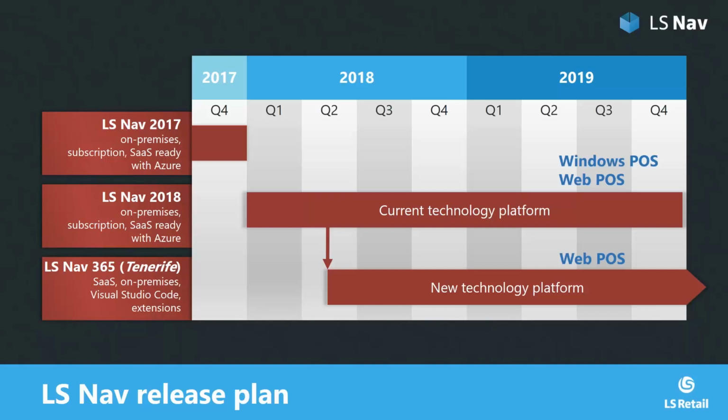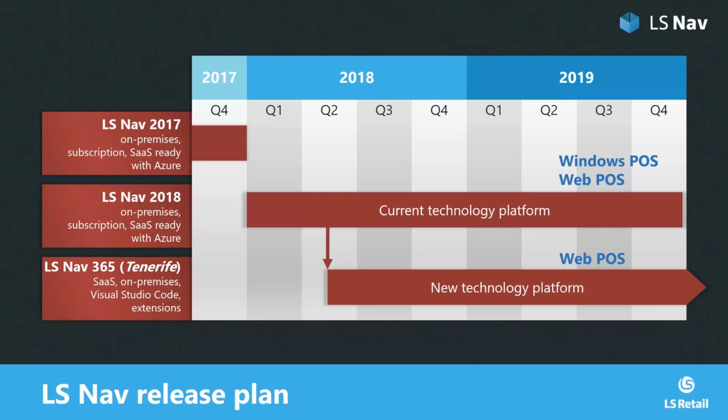So let's get back to the topic of the POS. The 2018 will support Windows POS and the web POS. Our commitment to the 2018 platform is to offer right away this clienteling with the new technology on the Windows POS, because that's what we believe in currently, and then of course we will move that to the web POS, which gives you the new technology.